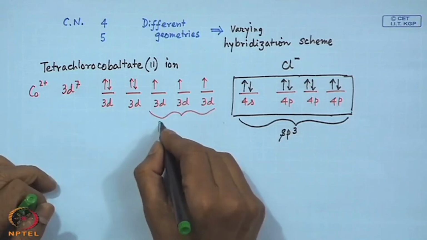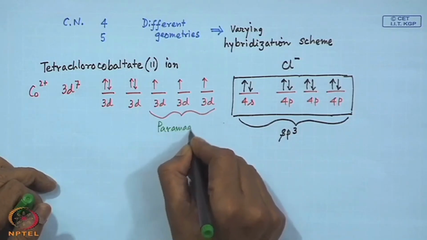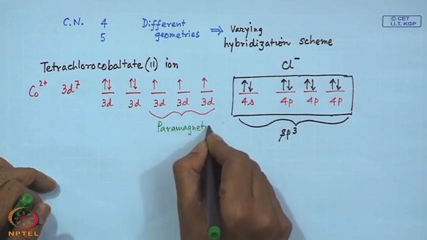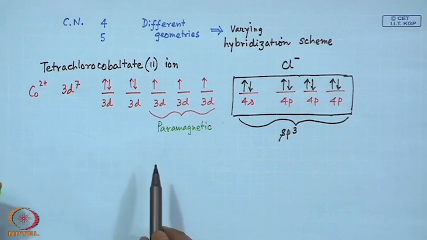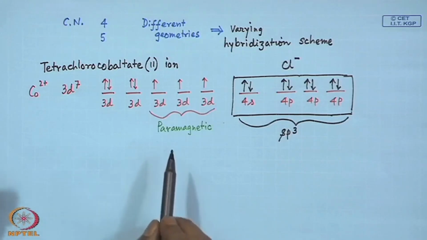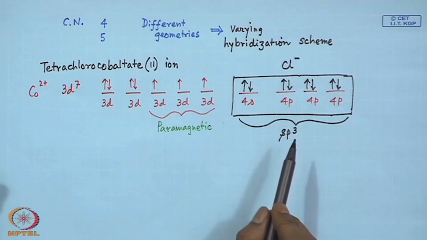That's why we consider the compound as paramagnetic, will be attracted by the magnets also. So 3 electron paramagnetism can be explained at this particular point when we consider the corresponding hybridization scheme.